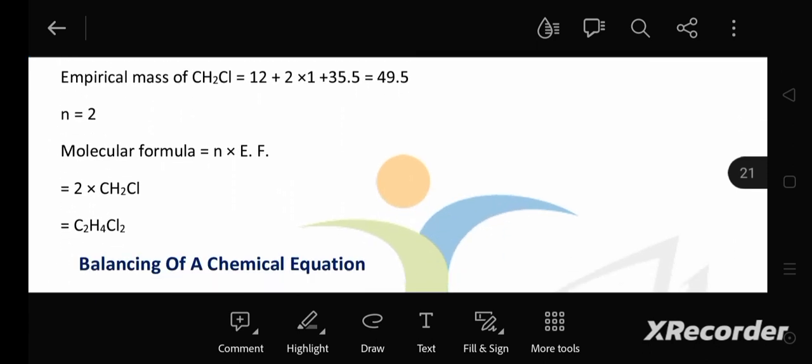Now the molecular formula is n times the empirical formula, that is 2 times CH2Cl. So you will get the formula C2H4Cl2. Now this is your molecular formula.